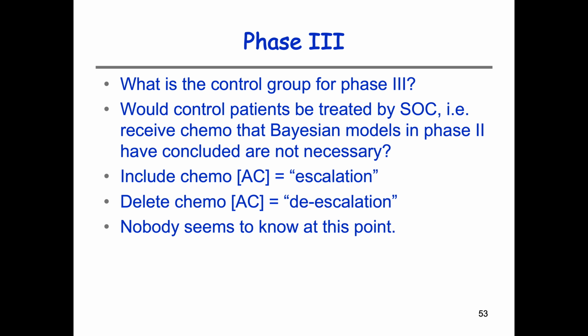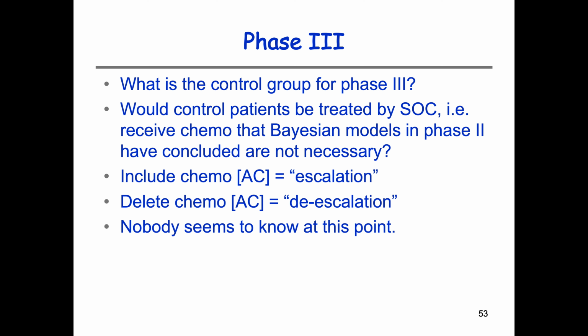Well, what is the control group for phase 3? Now, again, this isn't going to be the time machine anymore. This is a new concurrent control group for the phase 3 trial. Would control patients be treated by an SOC?